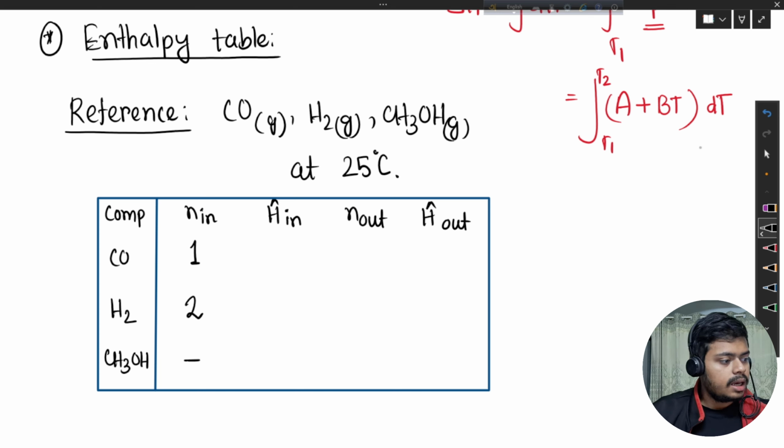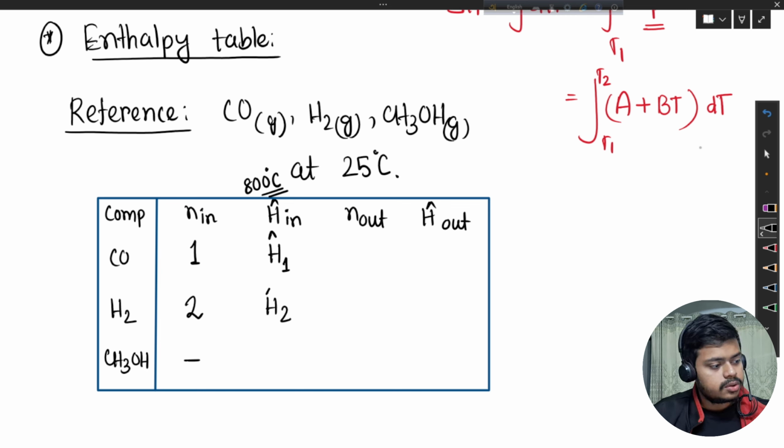And then the H input. What was the enthalpy of these substances while they were being input? H input is going to be the enthalpy at 800 degrees Celsius. So this is going to be H1 specific.